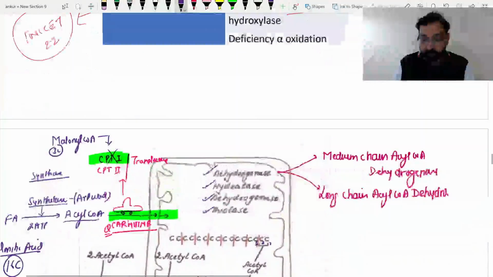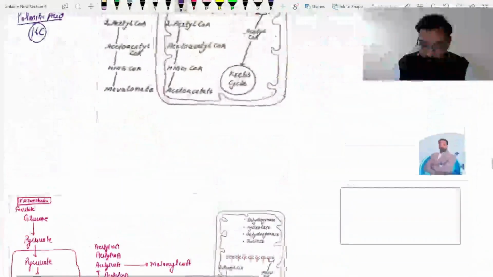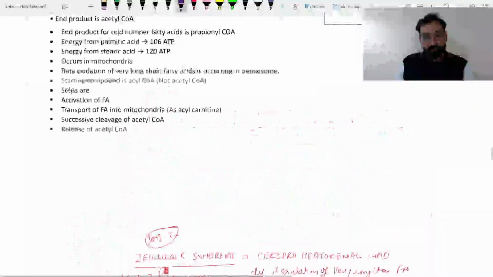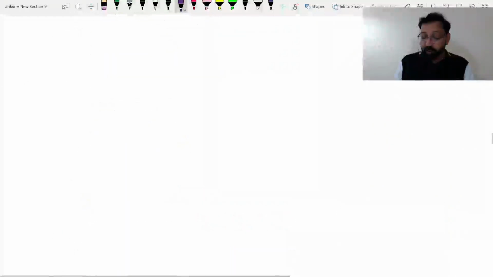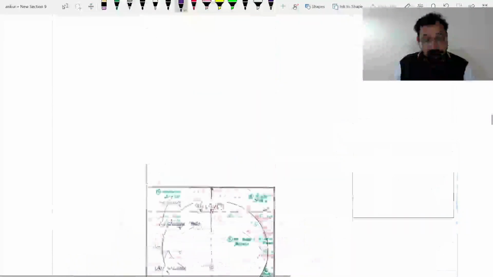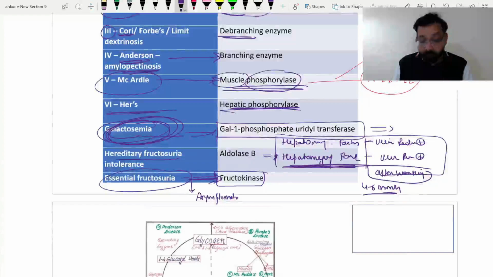Even if you don't remember so much, simply remember that beta oxidation and fatty acid synthesis are two opposite pathways. I have already told you, they are regulated in such a way that when one is activated, the other is kept in an inhibited state.